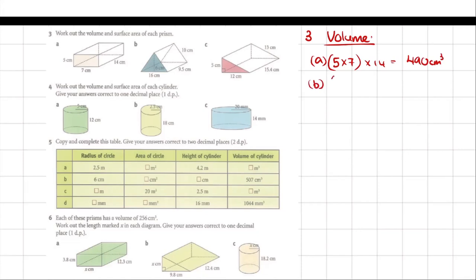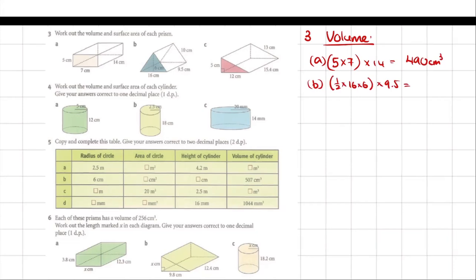B, area of cross-section will be half times 16 times 6, prism. Four, 5, 6.